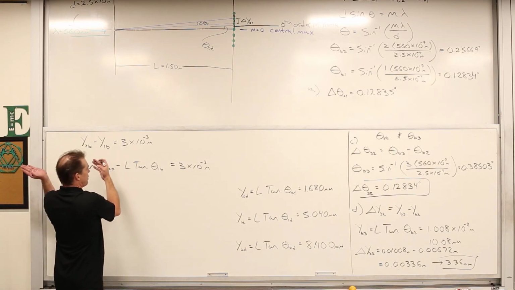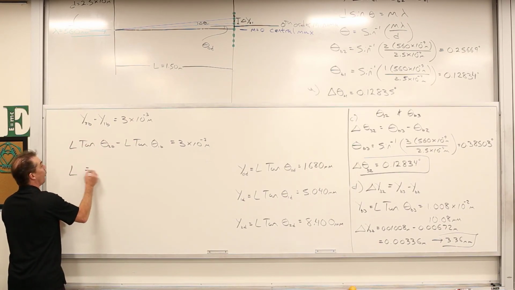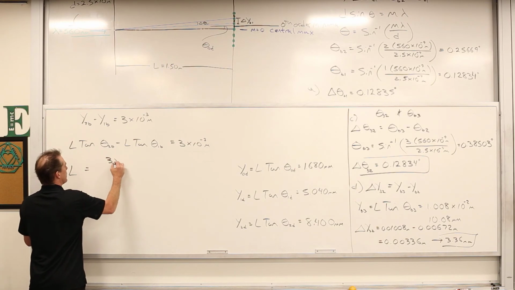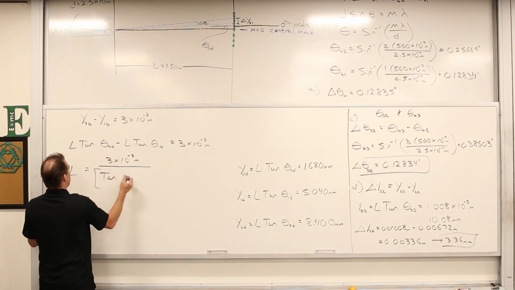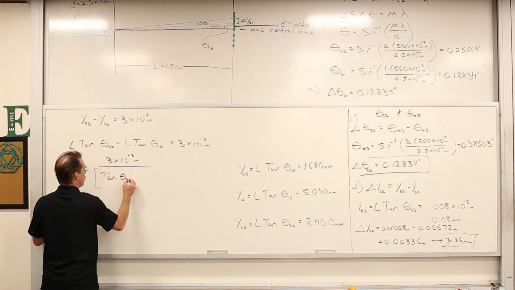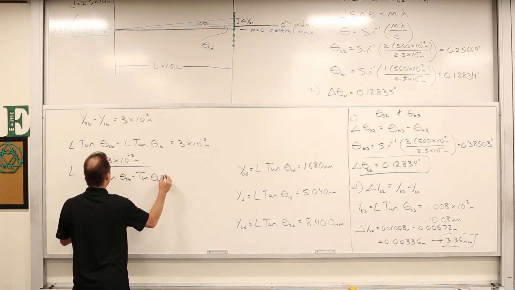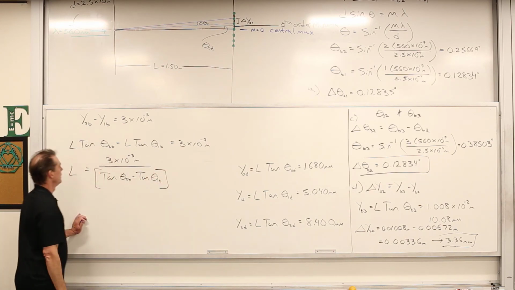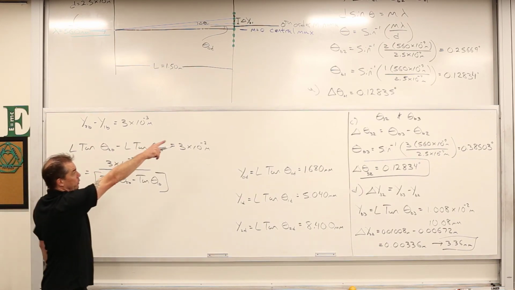Well, if we factor L out, divide both sides by what's left over, we get that L must be equal to 3 times 10 to the negative 3 meters divided by the quantity of the tangent of theta 2 bright minus the tangent of theta 1 bright. There we go. Do we know what theta 2 bright and theta 1 bright are? Yes, we do. They're actually right there.